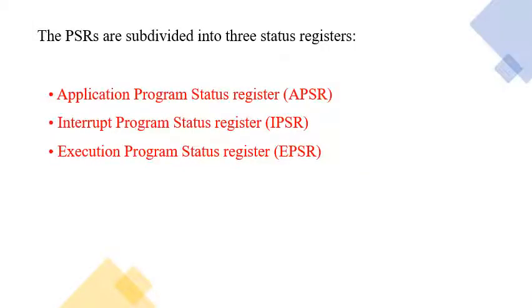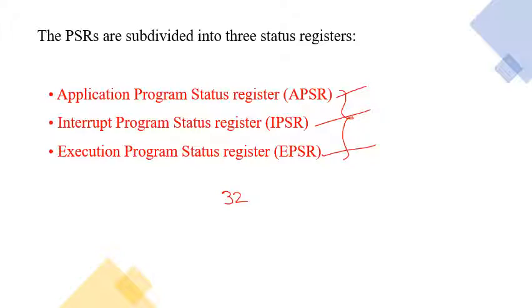Program status register is also a 32-bit register which has been subdivided into three registers: APSR, IPSR, and EPSR.